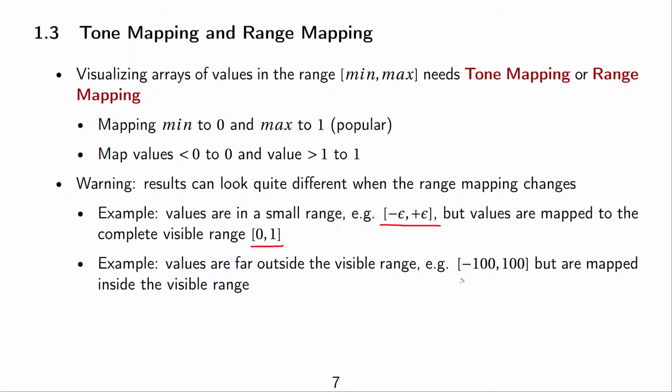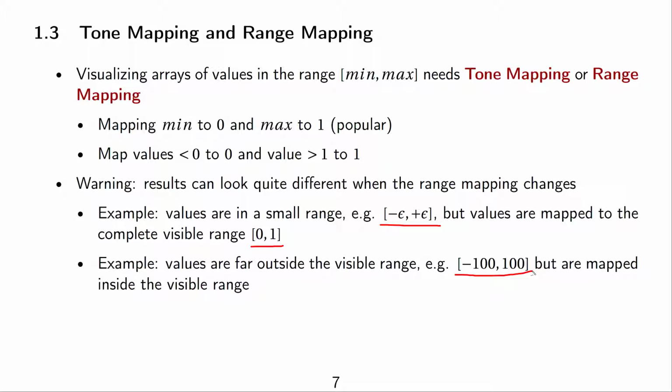Maybe for another tensor or channel, the values range from -100 to 100, let's say, but they're also mapped inside the visible range. And then this range mapping might hide that for some of the channels you have, there will be really a small range, and for other channels, there will be a really large range. And this is a concept that doesn't only concern the channels of a tensor, but any type of grayscale image.